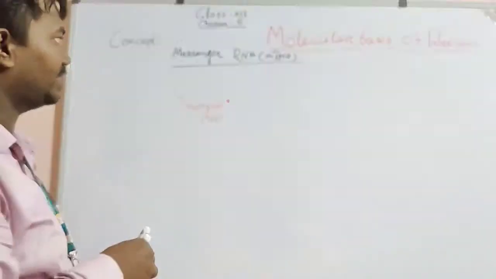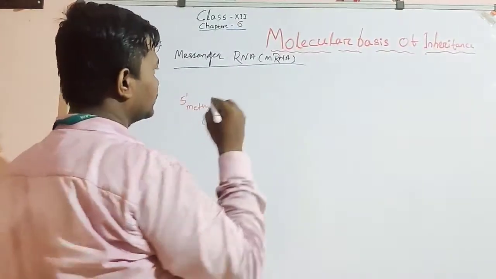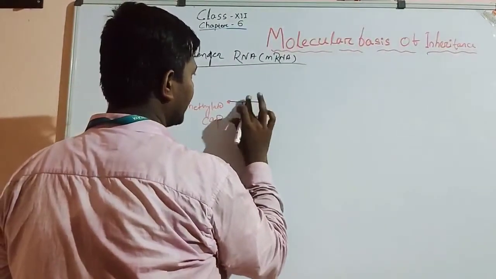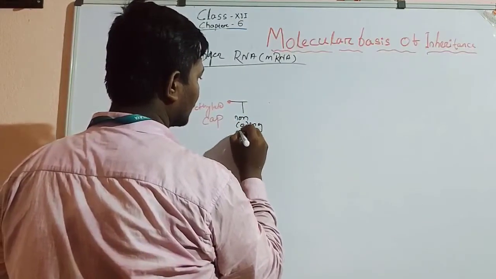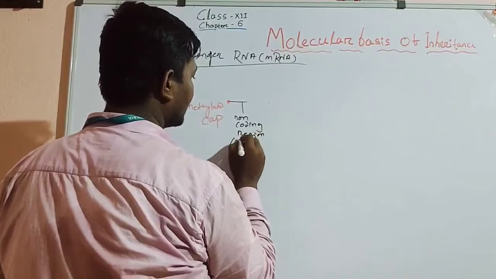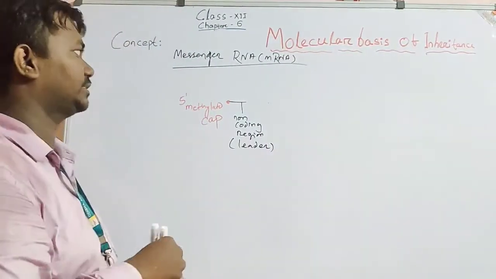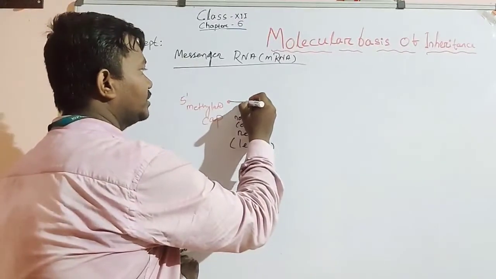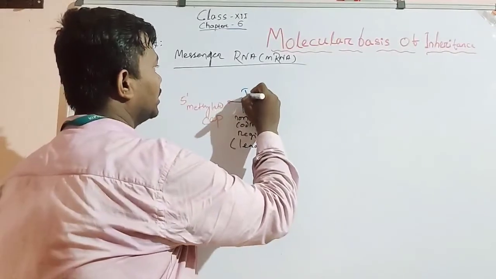Then a small non-coding region is there, which is called the leader. Then the initiation codon is present, from which translation starts.